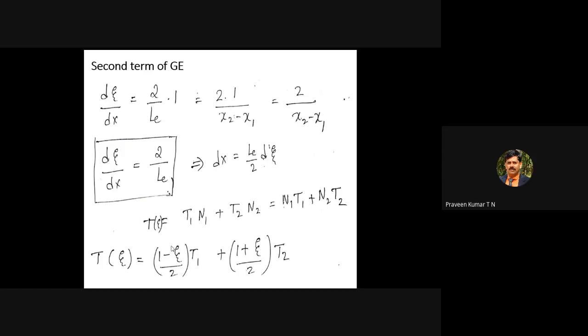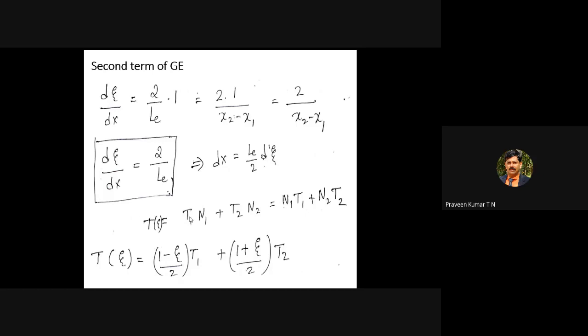Initially we started from the global coordinate, and you are moving from the global to the natural coordinate. When moving from global to natural coordinate, every term consisting of x is replaced by xi. Those modifications you are doing. We have the xi equation, you differentiate it, and finally you have to replace dx in terms of d xi. And we have a general formula, which is nothing but the interpolation function.